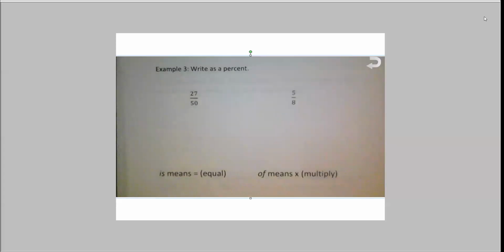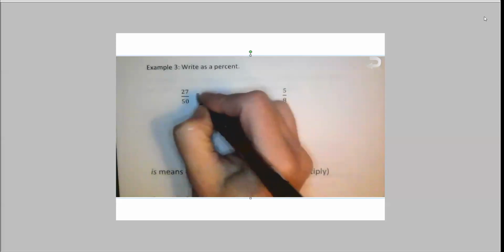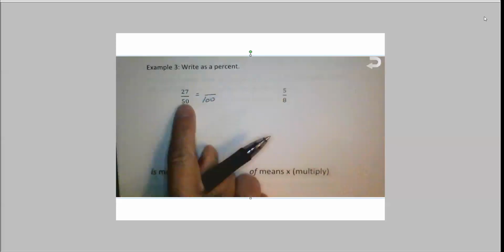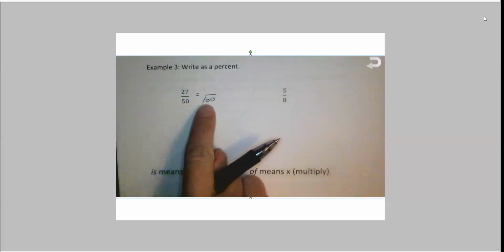This next example, these are fractions, but I also want to write them as a percent. Depending on the kind of problem that you have, there's a couple of ways to do this. If it's possible for you to convert your fraction to some number over 100, that really is the simplest way to do this problem.